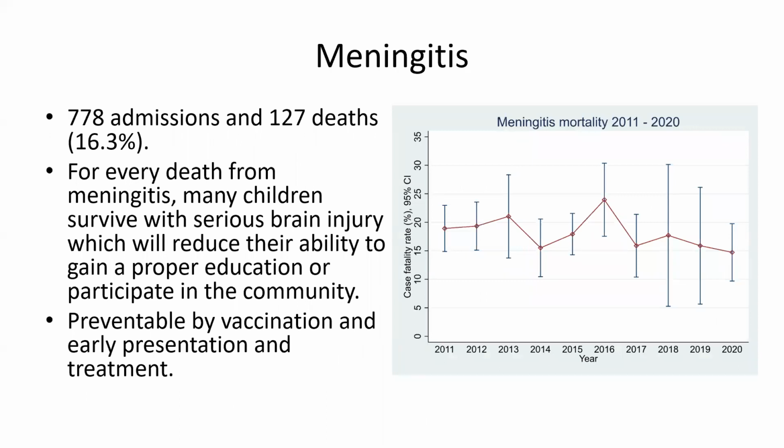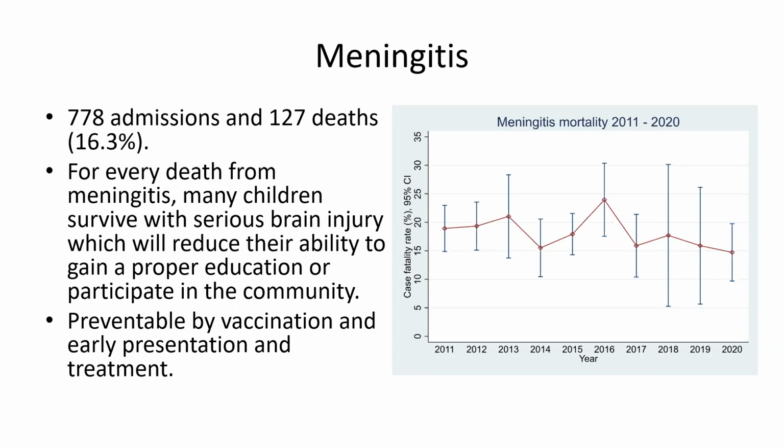Meningitis used to be one of the biggest causes of child death, as you know, in hospitals in PNG and Solomon Islands. It really was a big problem. It's still a big problem, but not as big as it was. Last year, we had 778 admissions from meningitis and 127 deaths, so that's a case fatality rate of 16%.